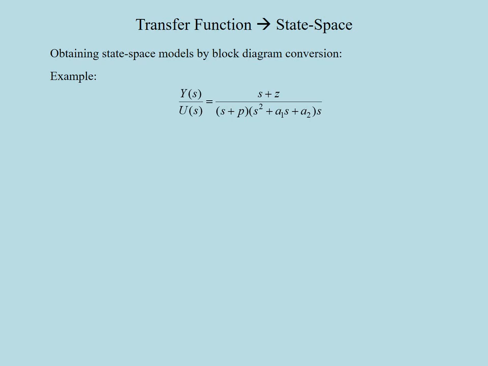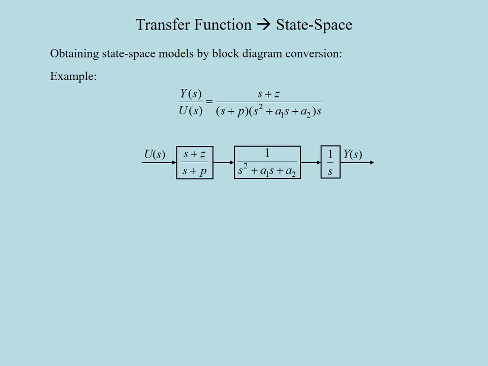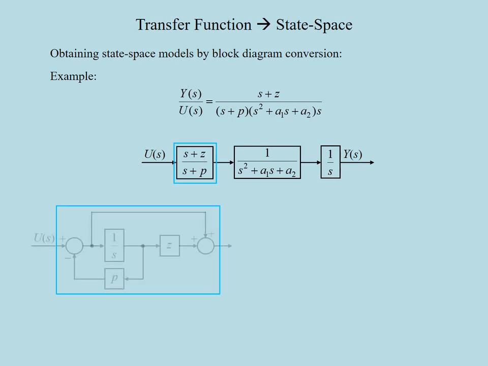To start with, we can show the block diagram of such a transfer function as consisting of 3 blocks. And now our aim is to express the entire block diagram using only integrator and constant gain blocks. For example, this part corresponds to the block with the transfer function s plus z over s plus p.